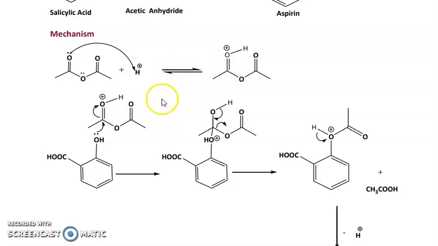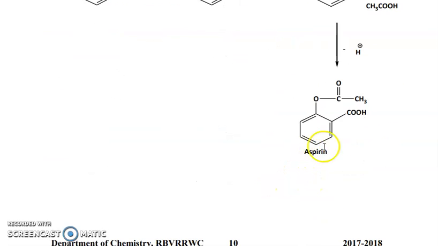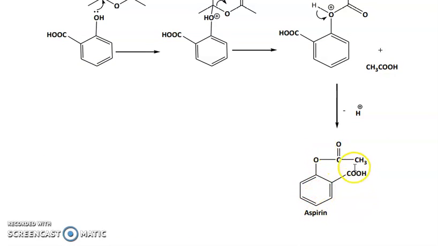Now this oxygen, not this one, approaches this carbon, and the carbon-oxygen double bond shifts onto the oxygen, and then the carbon-oxygen bond will break, forming the carbon-oxygen double bond and giving this product. Then after deprotonation you have this compound which is known as aspirin.